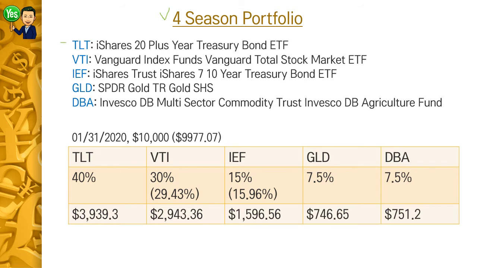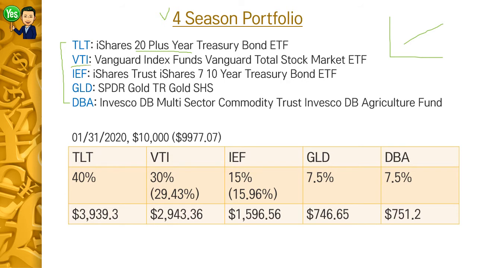Basically it has five investment elements, each with a certain percent stake. Number one is TLT, the iShares 20-plus year Treasury bond, which means long-term Treasury bonds.